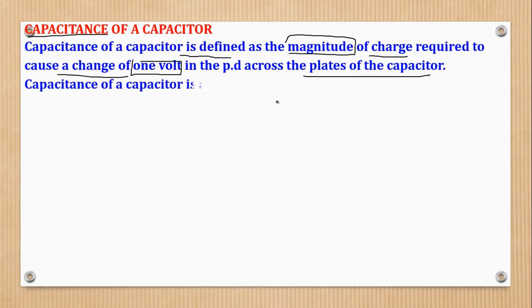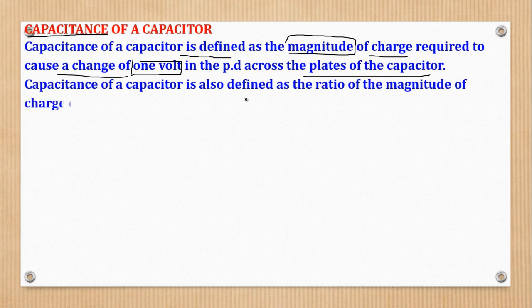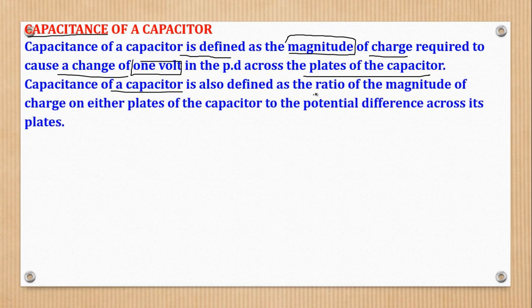Also, you can choose to define it in this way: the capacitance of a capacitor is the ratio of the magnitude of charge on either plate of a capacitor to the potential difference across its plates.